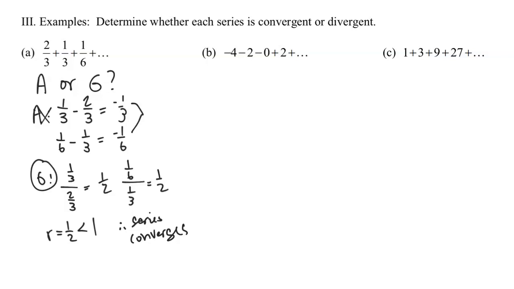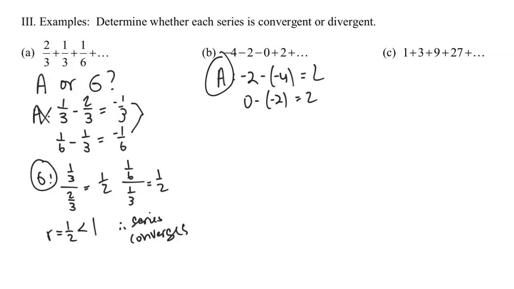Okay, letter B, -4 minus 2 minus 0 plus 2 plus 4 plus 6 plus 8. You probably get the idea. This one is actually pretty easy to determine that it's arithmetic, but again, just what did we previously do? Took any term and subtracted the previous term, and so that gives you 2. And then if you take 0 and subtract the term before it, that also gives you 2, which means that this series is arithmetic.